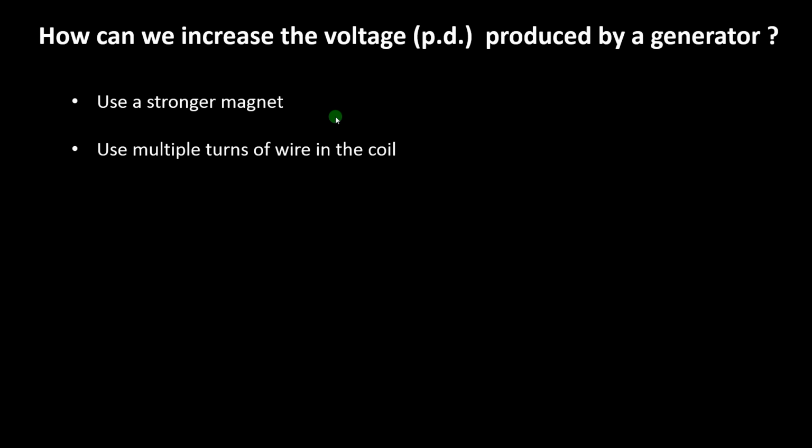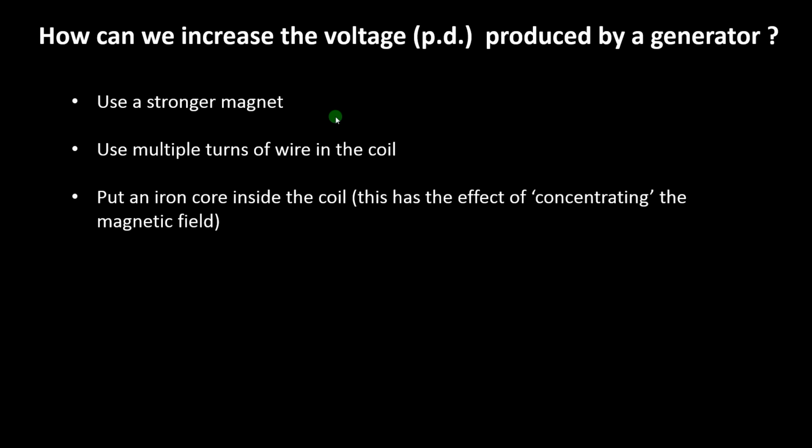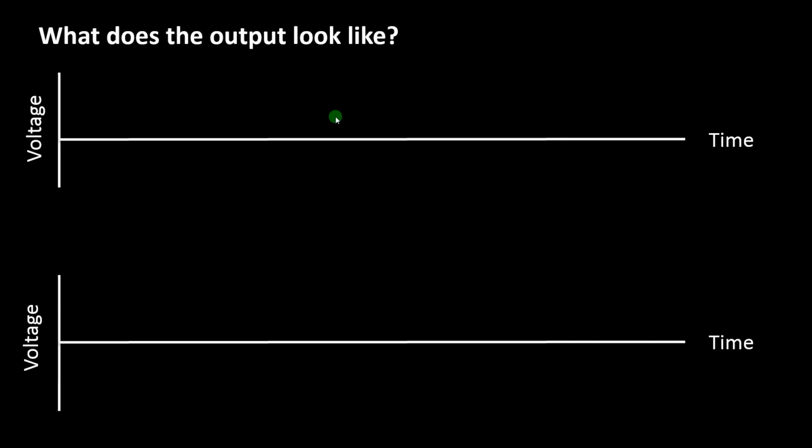You add up the voltages from them. Okay, an iron core inside the coil to concentrate the magnetic field again. And finally, what we didn't have for the motor, obviously, is rotate faster. If we rotate the generator faster, the coils will cut through the field lines faster, and so you will induce more voltage.